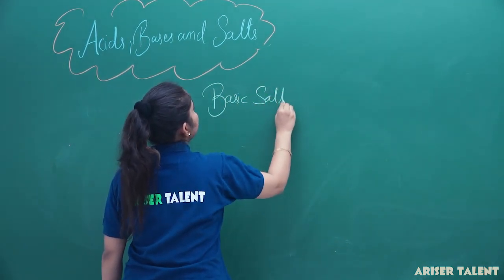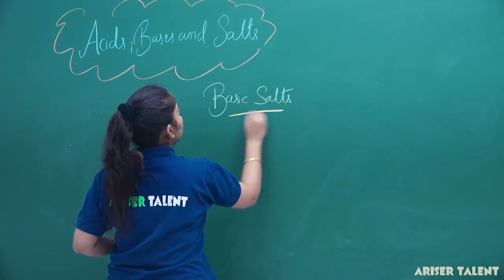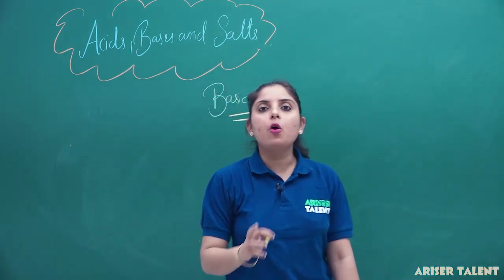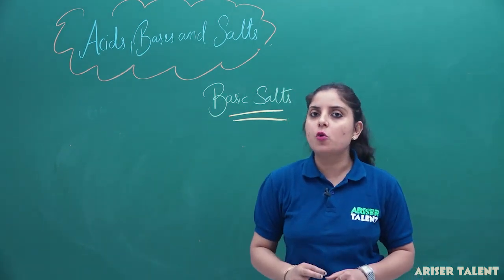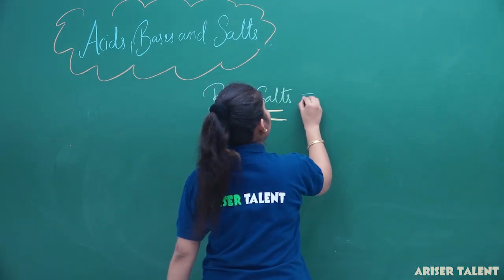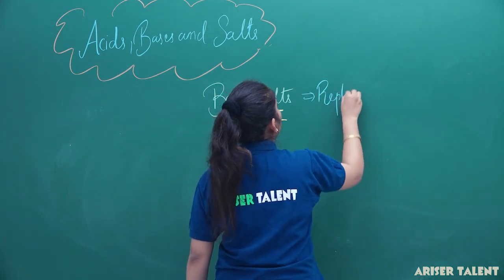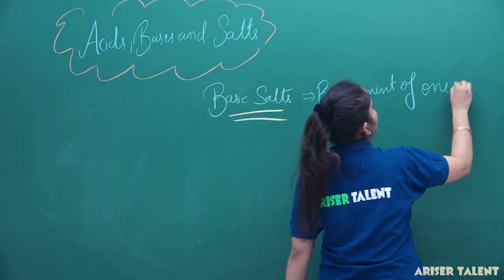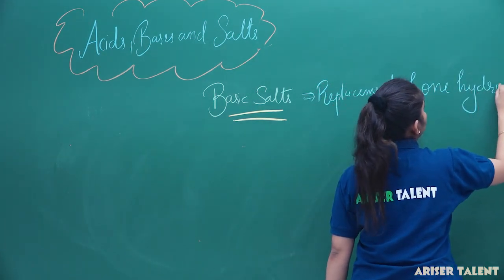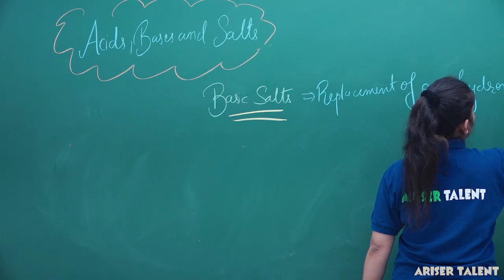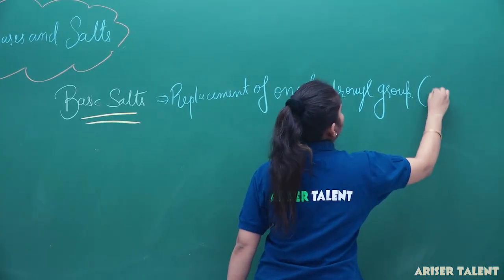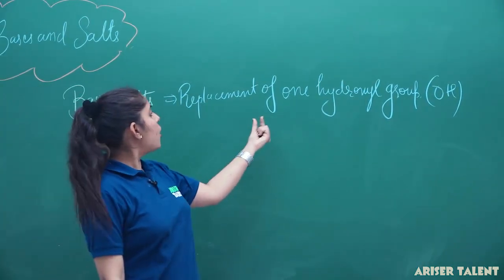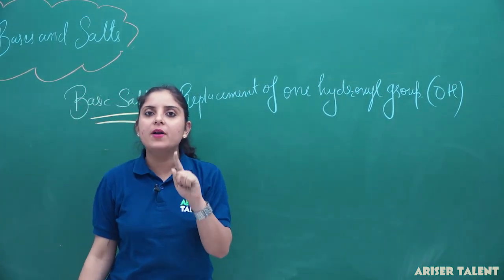Basic salts are those salts which are formed by the replacement of one hydroxyl group. And what is the hydroxyl group? That is our OH group. So, this type of salt is formed when there is a replacement of one hydroxyl group.